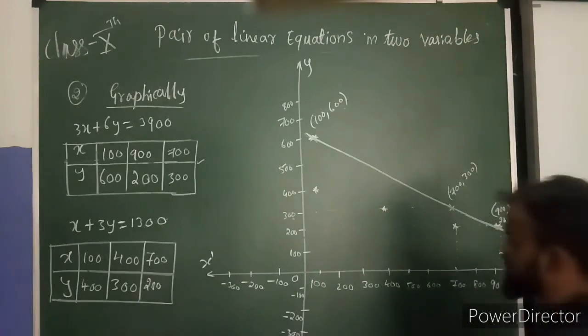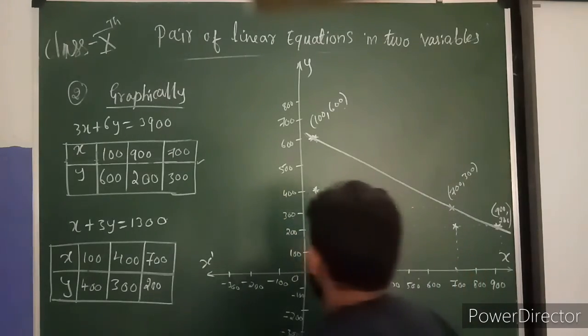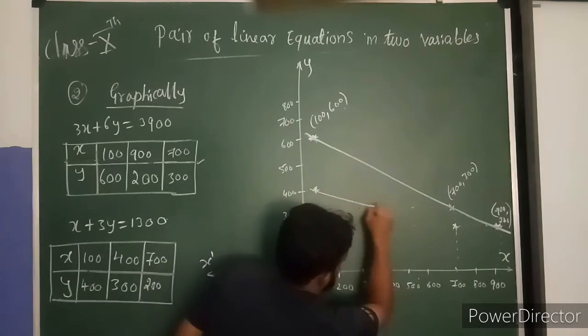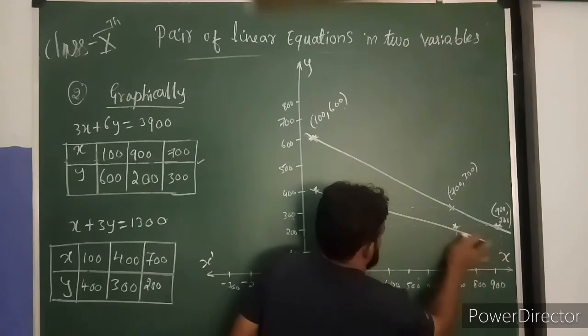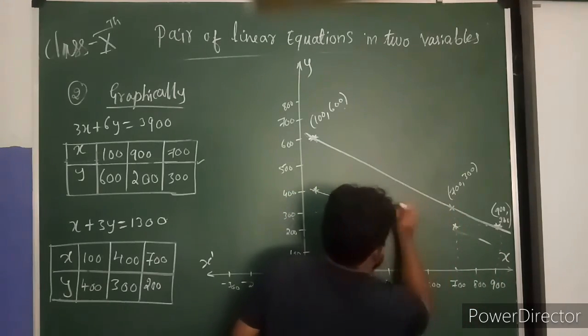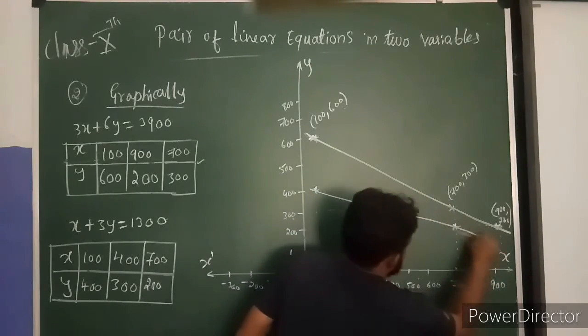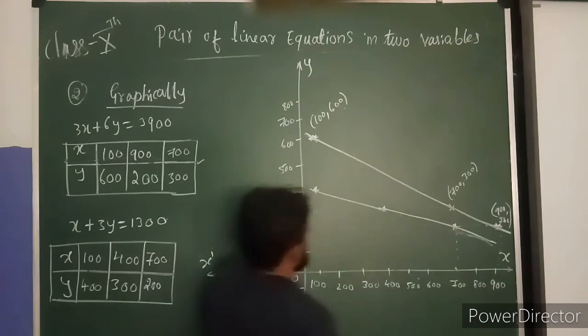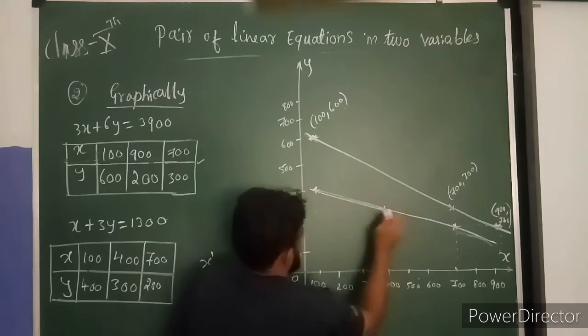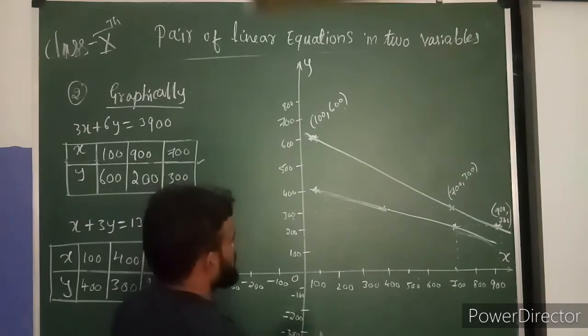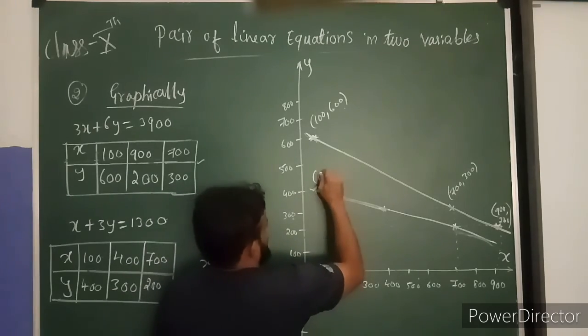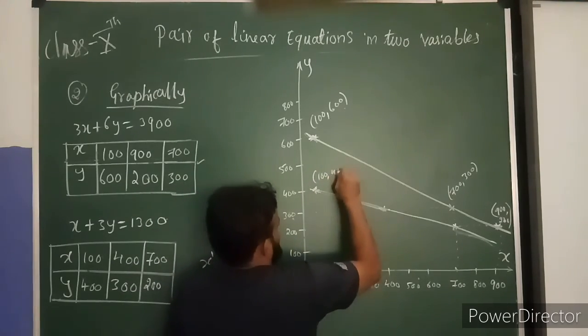Now I should draw the line. Like that it should come, straight. The line should come like that. Understood? So the first point is x is 100 and y is 400.